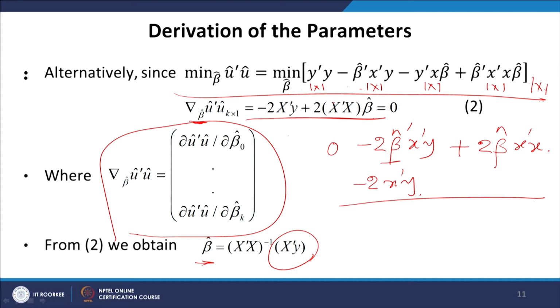X prime x is ahead of beta hat. So, when I take this to the other side, the 2 cancels out. So, I have x prime x beta hat equals x prime y, which implies beta hat equals x prime x inverse x prime y. So, this is the expression we arrive at.